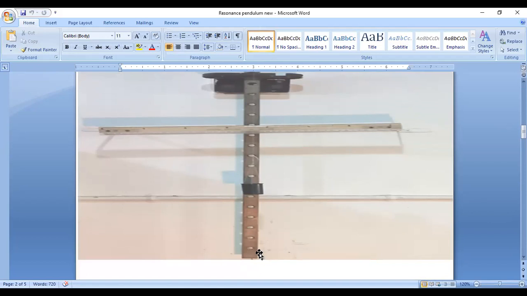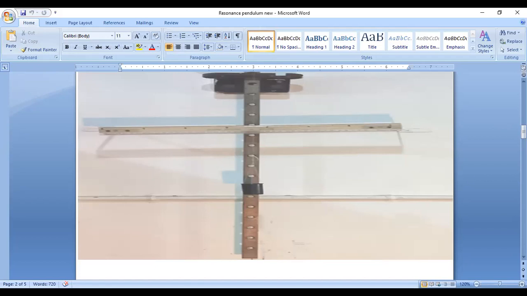It will drive the simple pendulum because it will transfer energy to the simple pendulum. Your resonance pendulum, the compound pendulum, transfers energy to the simple pendulum. There is a transformation of energy. And when energy is transferring, your simple pendulum will also start oscillating.